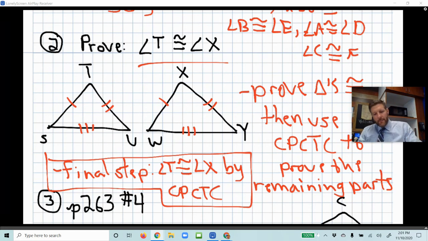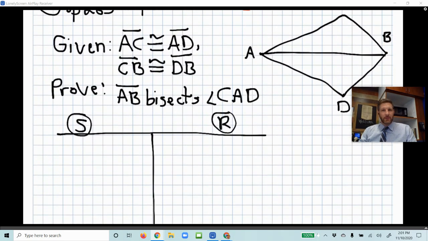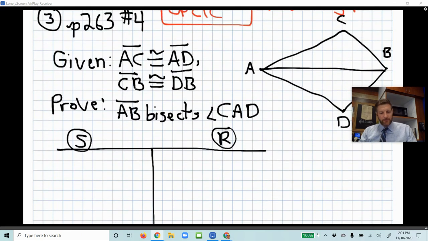Okay, let's go ahead and try number three now as an example of this, though I'll already admit it's slightly more complicated than what I was talking about previously. This is page 263, number 4. Yes, that's correct. Given AC is congruent to AD, CB is congruent to DB, and I need to prove that AB bisects angle CAD.